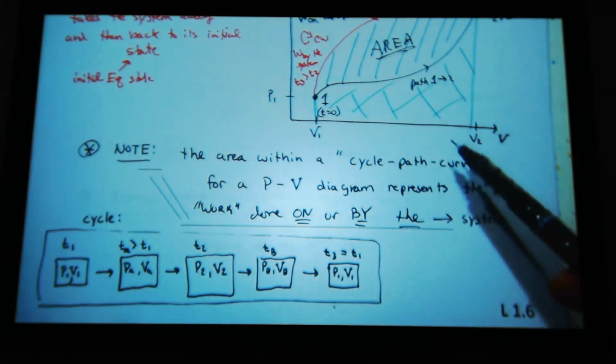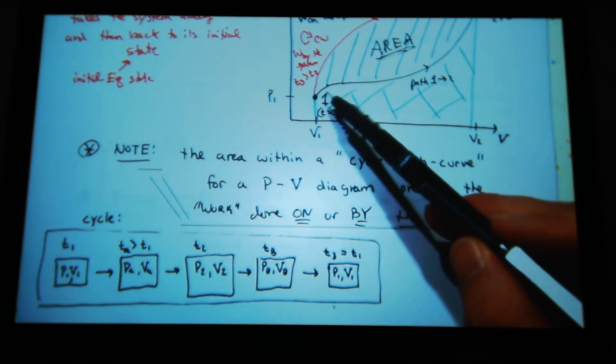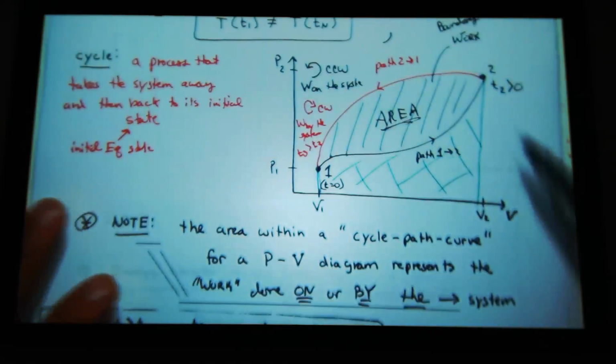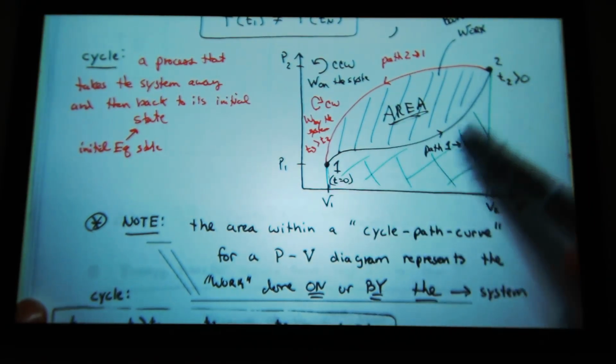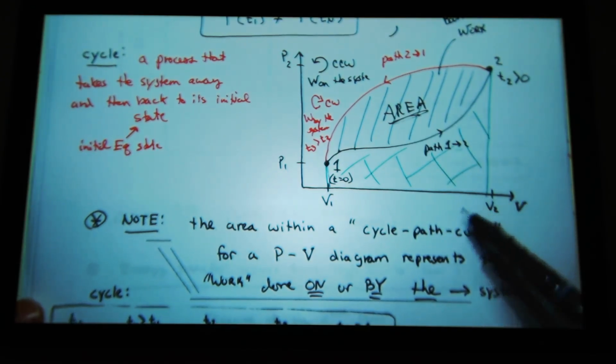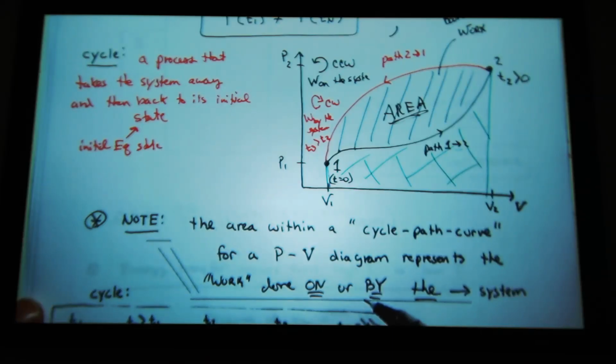So this area in a PV diagram. Now if I just go from state 1 to state 2, the area under the curve from 1 to 2 represents the work on or by the system.